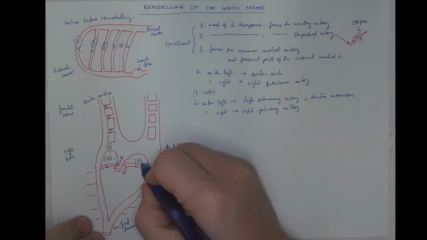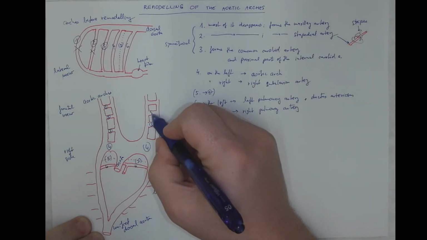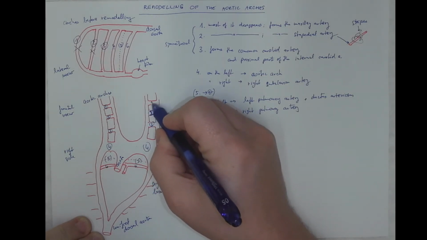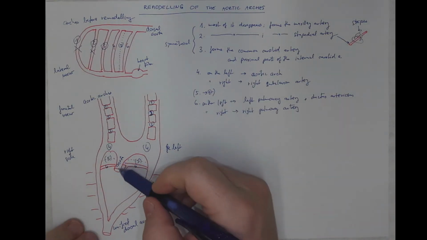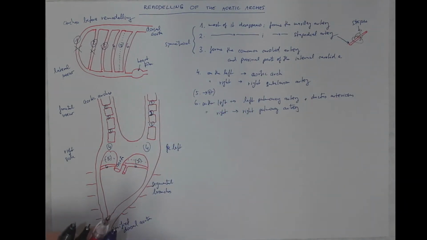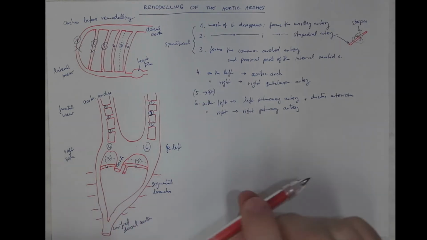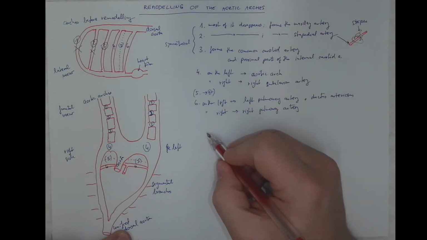Okay. 4 on the left side, second, first. So before the remodeling, the blood is flowing through these arches. After remodeling, we got a different pattern.